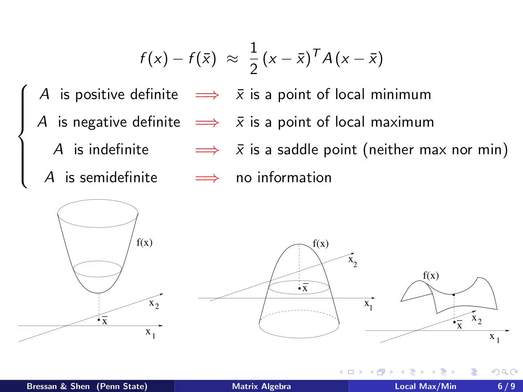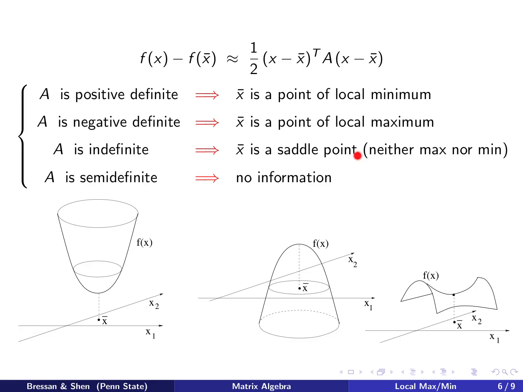And finally, if the A matrix is semi-definite, that means some eigenvalues are 0 and the rest have a fixed sign, then this is not enough information for us to determine if it's a local max or local min. So no information.